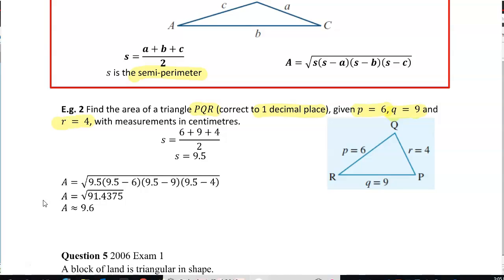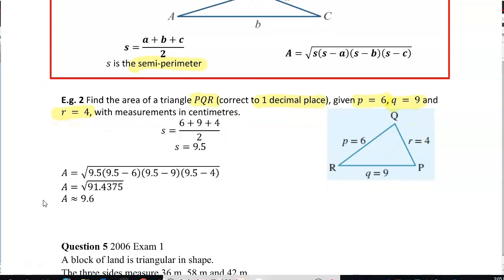Okay, so our first step, seeing as we know all three sides, we don't know any of the internal angles. That means we have to use Heron's. So our first step is to use our semi-perimeter formula to find that out. So it's 9.5. All right, then I'm substituting all my knowns into my area formula.